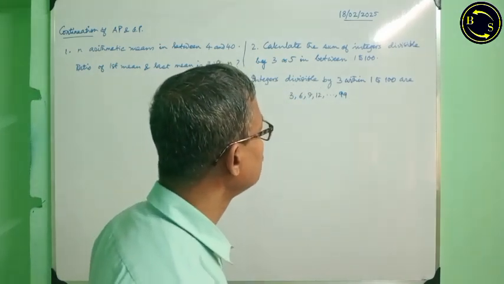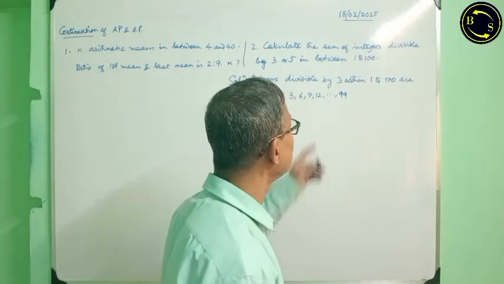Before 100, the number divisible by 3 is 99.